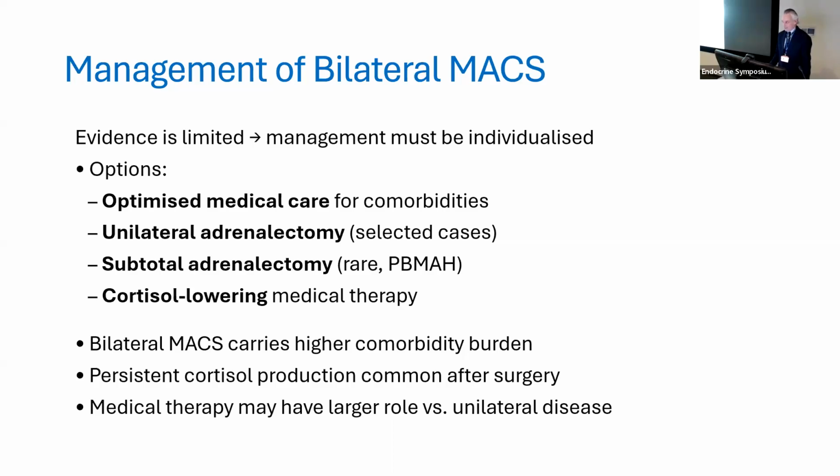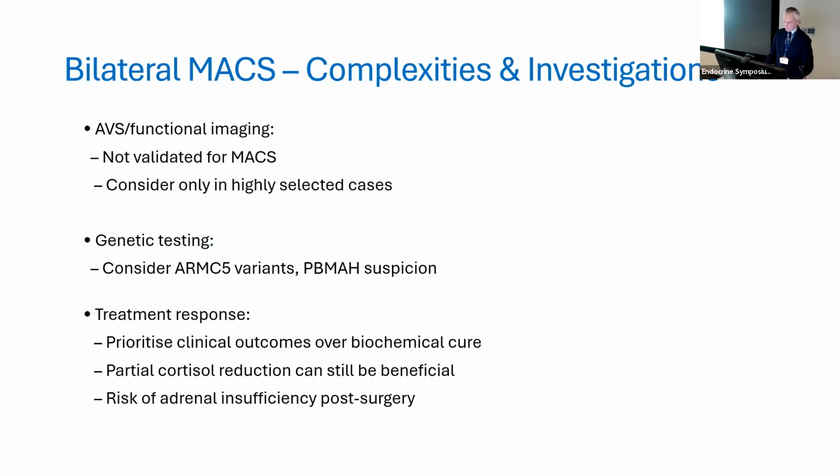Subtotal adrenalectomy is rarely performed and not really recommended, and for cortisol-lowering medical therapy, again, we don't have much evidence about the long-term outcomes. But we know that bilateral disease carries a higher comorbidity burden, and that cortisol overproduction will likely persist or recur even after surgery. Medical therapy may therefore have a larger role for those patients.